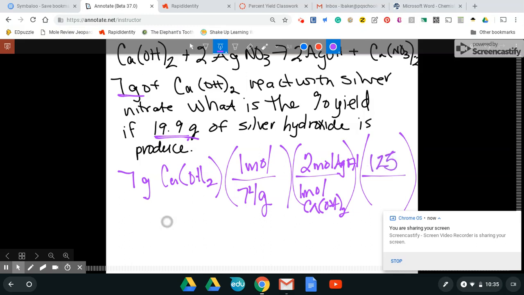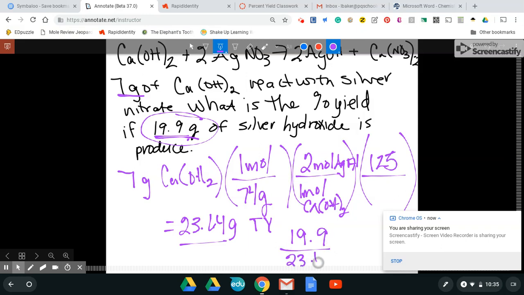And when I multiply all that out, I get 23.64 grams. This is my theoretical yield. Now I'm going to use this, which is my actual yield. So I'm going to say 19.9 divided by 23.64 times 100. And when I do that, I'm going to get 84.17%. That is my percent yield.